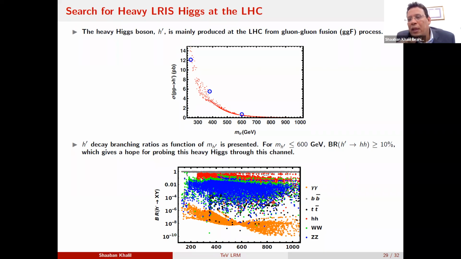But once you break it with this value, the gauge bosons, you remember I told you that we have W right, the charged W right, and Z prime, the neutral heavy particle. We call them prime because the standard model has W and Z, and the new particles we call W prime and Z prime.